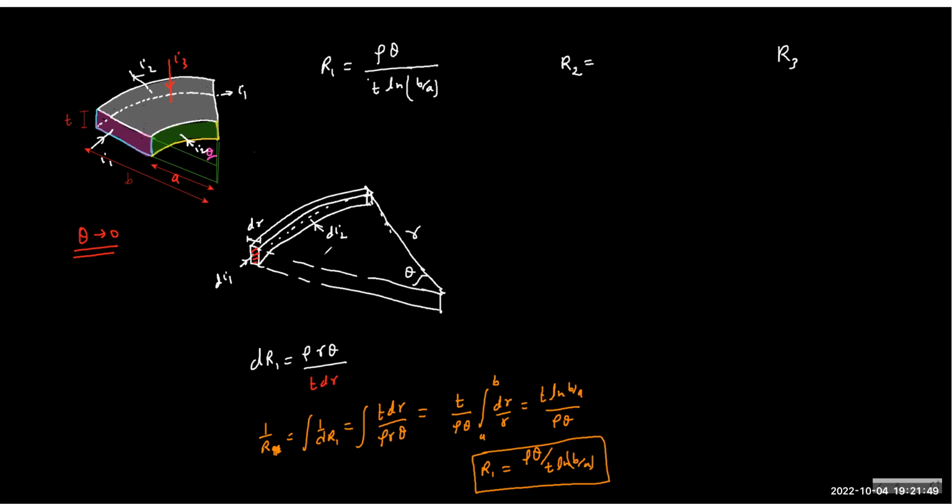For dI2, L is the medium you're crossing. How much are you crossing?